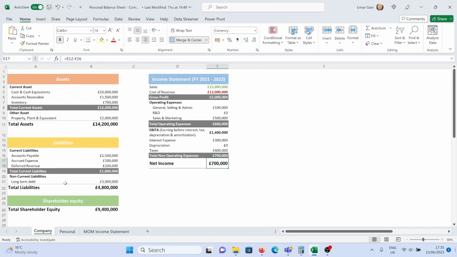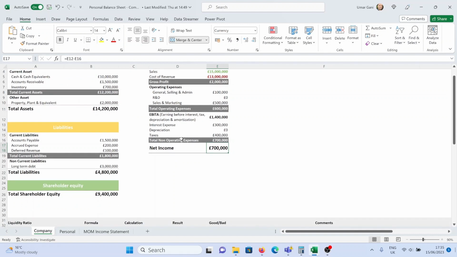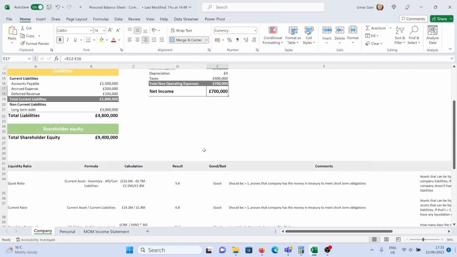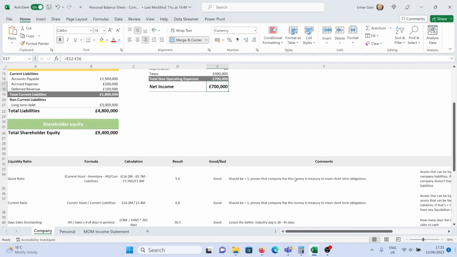So why do we do all this? We do this to make sure we record all the financial transactions in the company, and with this balance sheet and income statement, we can calculate different ratios to see how strong the financial health of a company is.